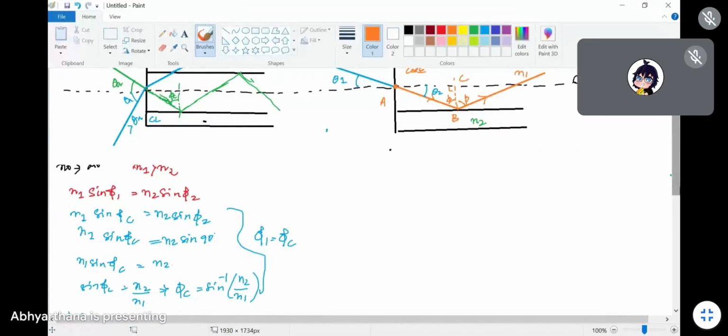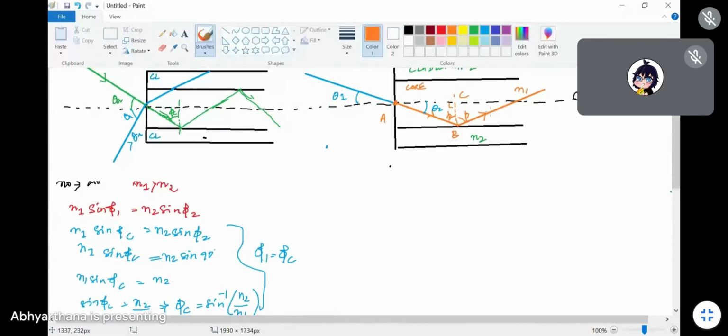Now, inside this triangle, we see that your phi angle is 180 minus 90 minus your theta 2. Before that, let us put Snell's law at the first interface. I will write N naught sine theta 1 is equal to N1 sine theta 2.